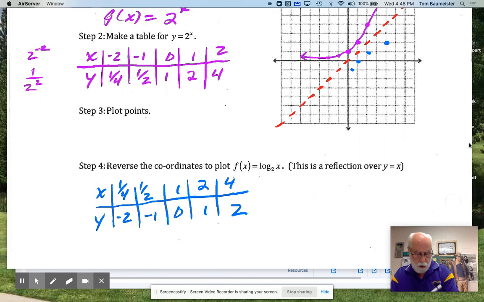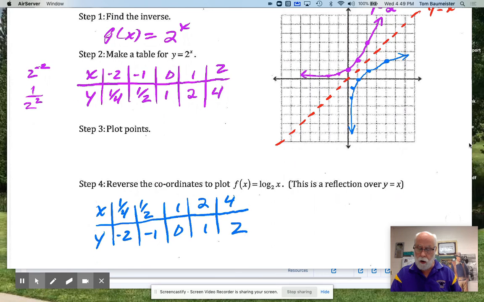And when x is equal to 1/4, we're going to have something like that. So we know that this one is going to go like this. And that is our reflection. So that is our logarithmic function.